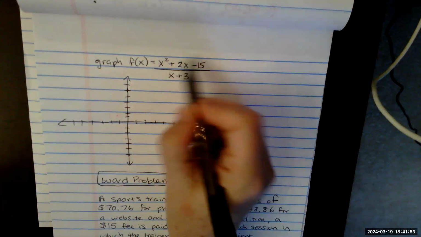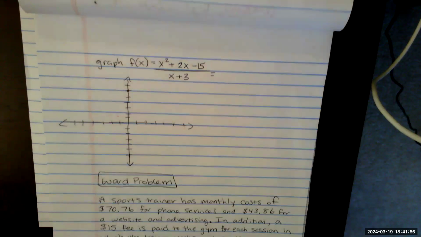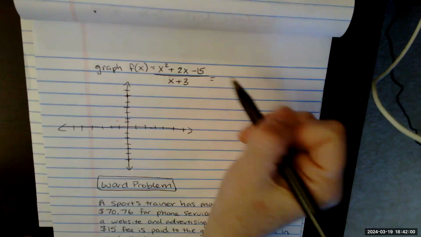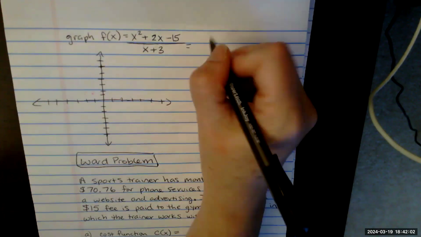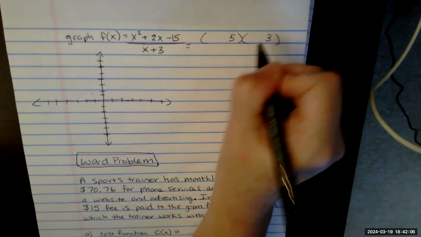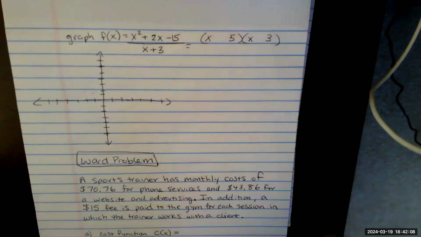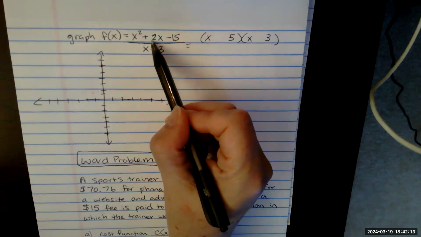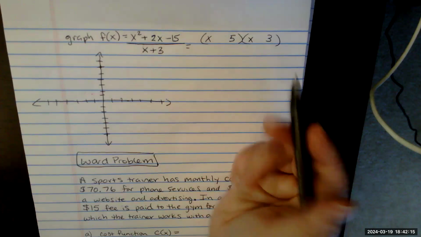For this one, the first thing I'm going to do is try to factor the top or bottom if I can. 5 and 3 can get me to 15, but can also get me to 2. I need 1 positive and 1 negative.